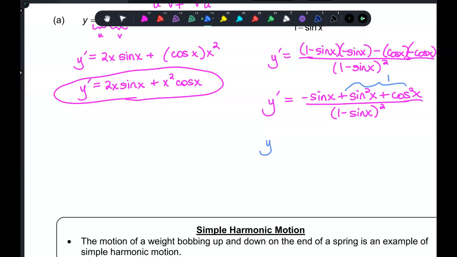So what do we have? We have a 1 minus sine x in the numerator. So what could we do? We can cancel out. This will cancel out one of those 1 minus sine x's.